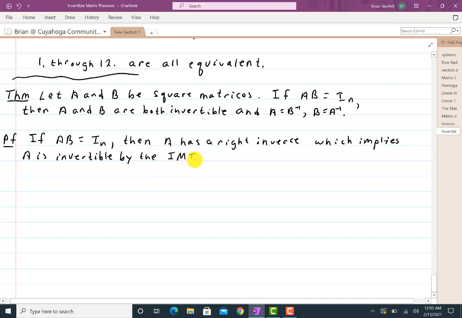I don't remember what number that was, but one of the things was that if you had a right inverse, then A was invertible. Another one is that if you had a left inverse, A was invertible. But I'm going to use that here also.